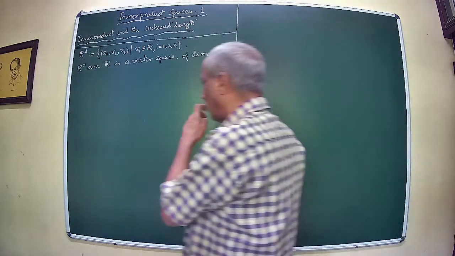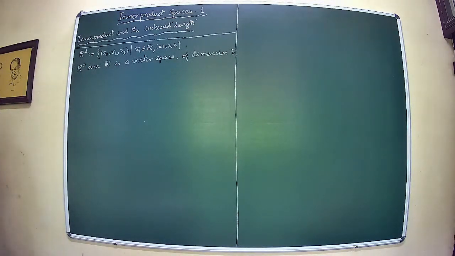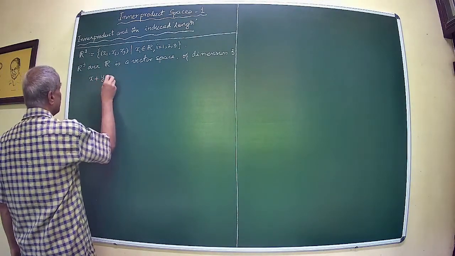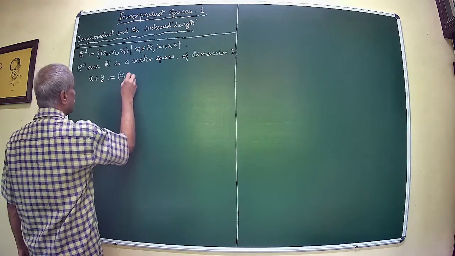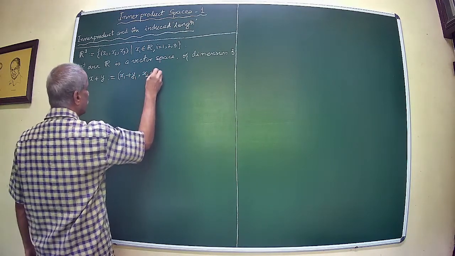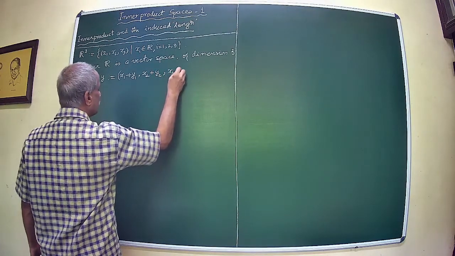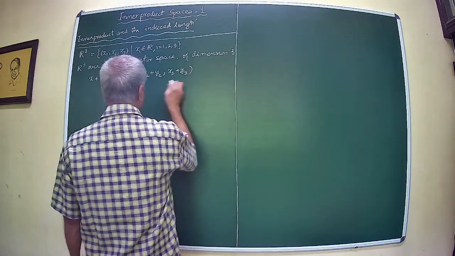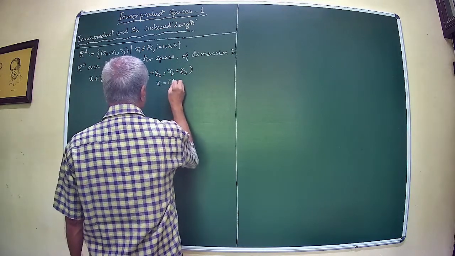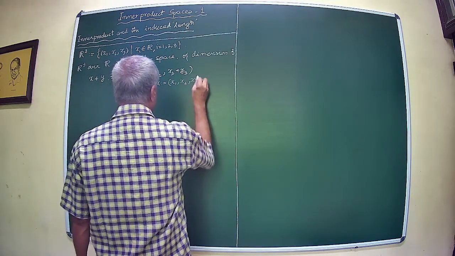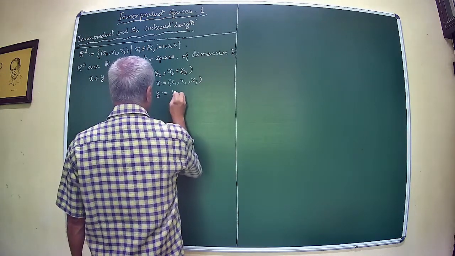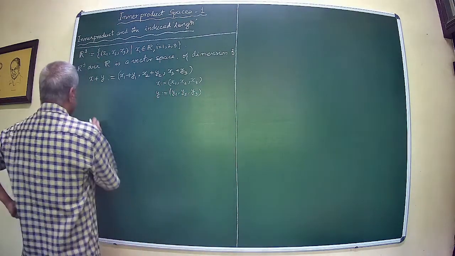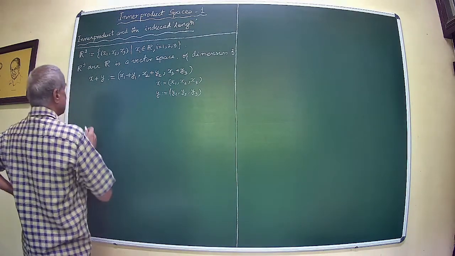Now we have the usual addition. Addition is defined as we call, where x is equal to (x1, x2, x3), and we have the concept of scalar multiplication.